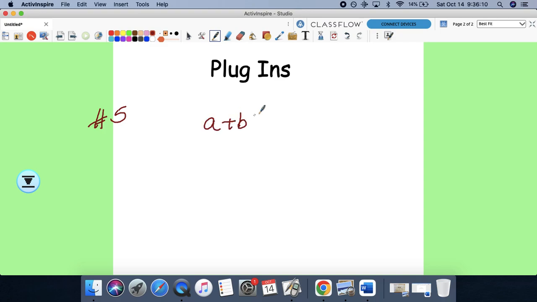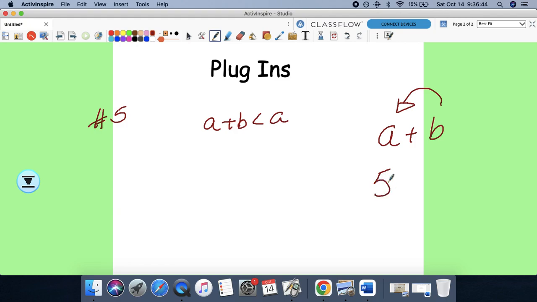If A plus B is less than A, which of the following must be true? A is less than 0. A is equal to 0. A is greater than B. B is greater than 0, or B is less than 0. If you think about it, we're adding something to A. Here's A. We're adding this, and that becomes less than that.